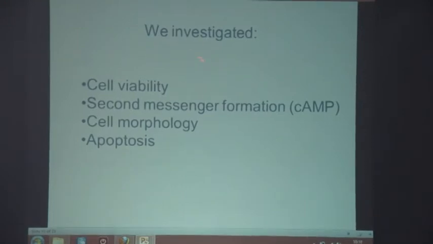We, in particular, focused our attention on the effects of GcMAF on cell viability, second messenger formation, in particular at the cAMP level, cell morphology, and apoptosis.